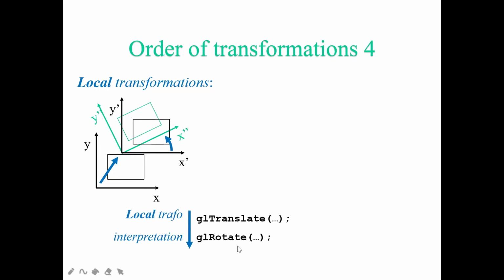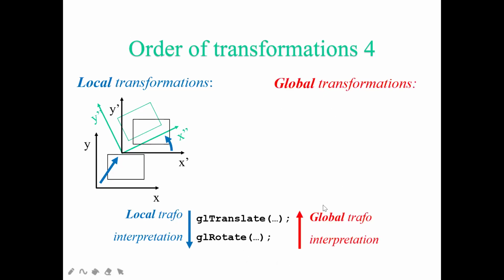This is known as your local transformation, the interpretations whatever you are using. So you are going in this way: first translation, then rotation. Now let's see what we mean by global transformations. In global transformation, I have told you that we have to go in reverse order.